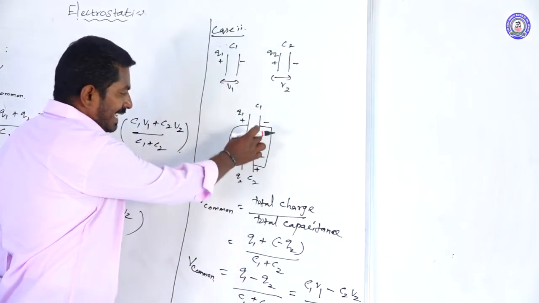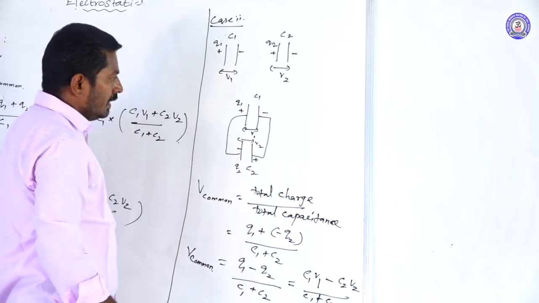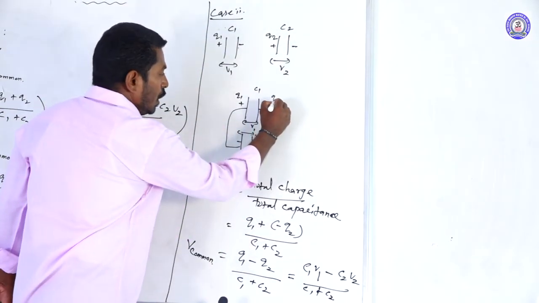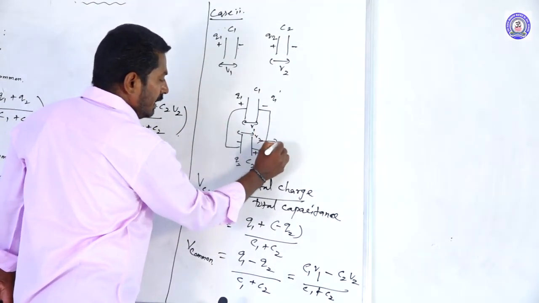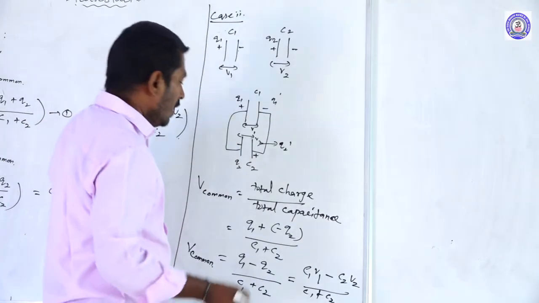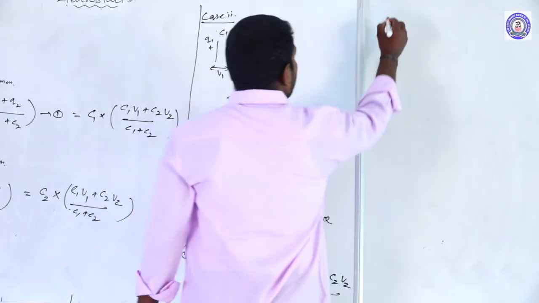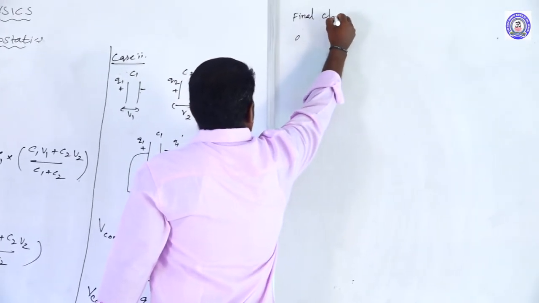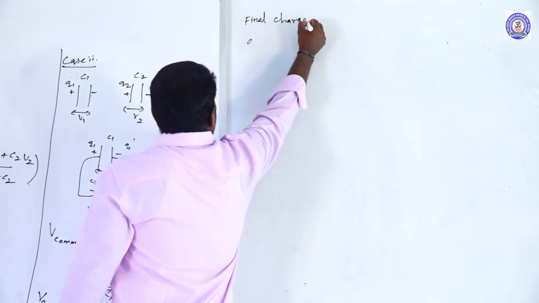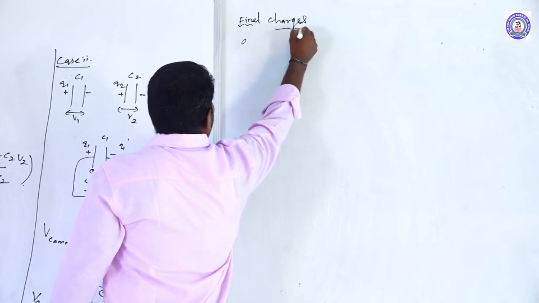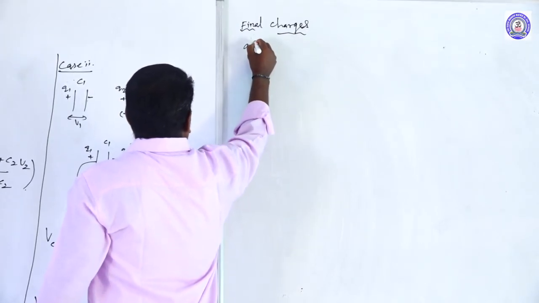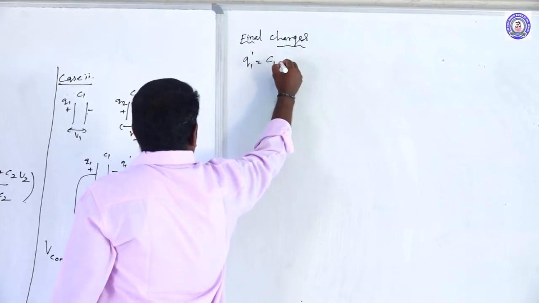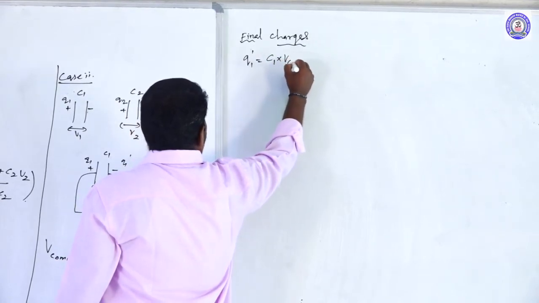After distribution, both capacitors attain a common potential. What are the final charge on the first capacitor, Q1 prime, and the final charge on the second capacitor, Q2 prime? How do we calculate the final charge? Q1 prime is equal to C1 into V common.